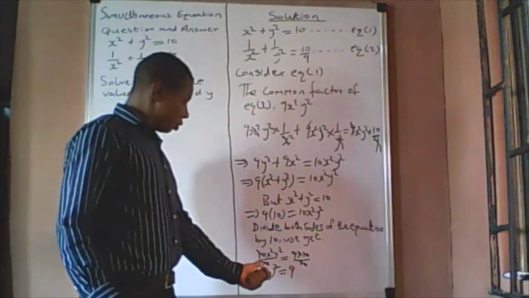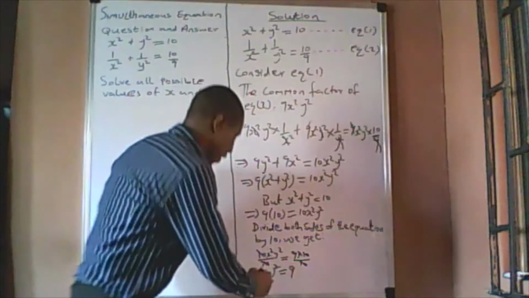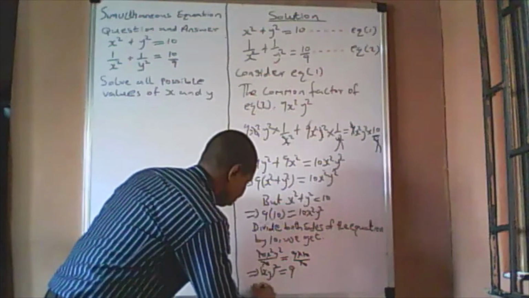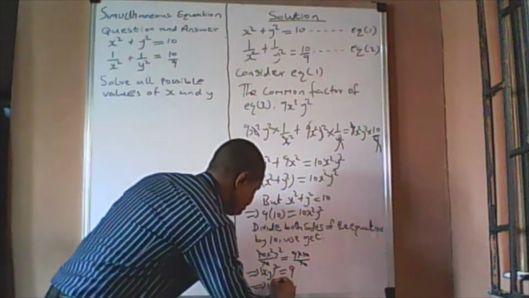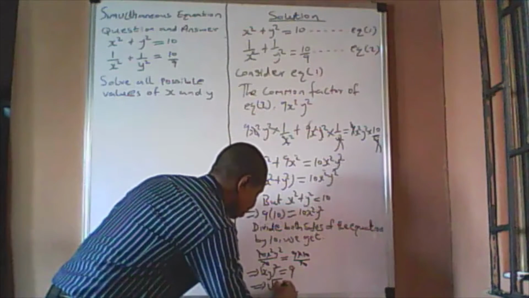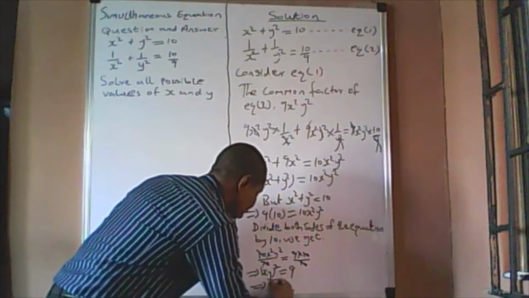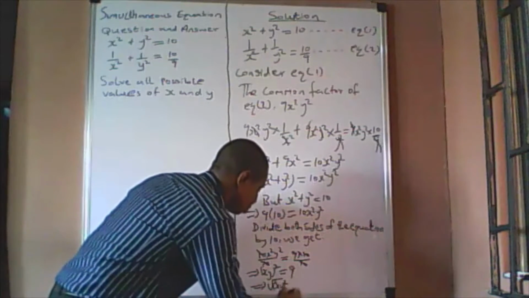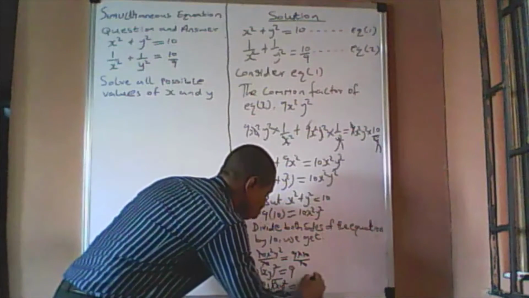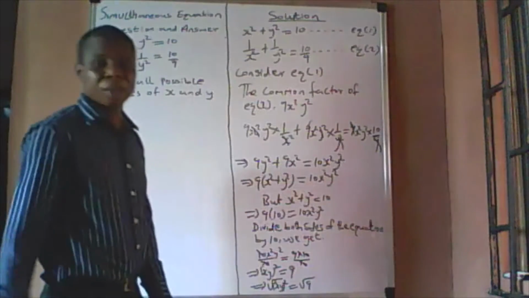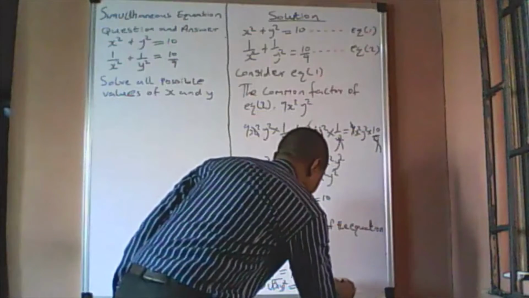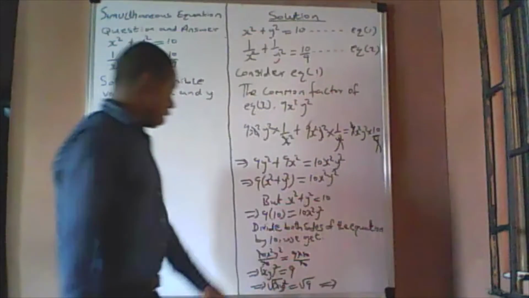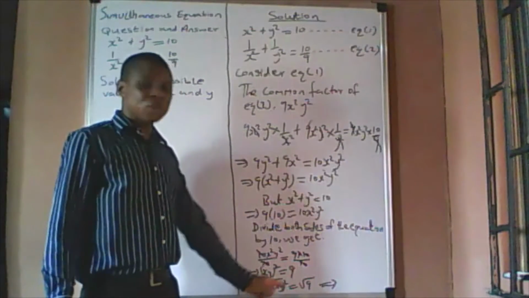If you do that, you are going to get root of x times y in parentheses raised to power 2 is equal to root 9, which implies the square root cancels the square.